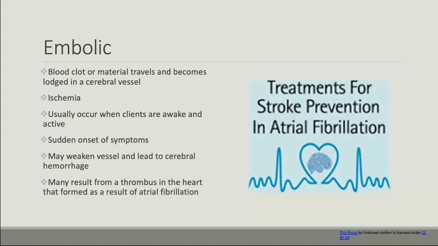So if you think that this happens in somebody who's diabetic, who has already weak vessels, and maybe some hypertension that increases the pressure of the blood going through those vessels, they can actually rupture that vessel, and that would be a hemorrhagic stroke, that they're bleeding into the brain. Okay, so many result from a thrombus in the heart that formed as a result of atrial fibrillation.